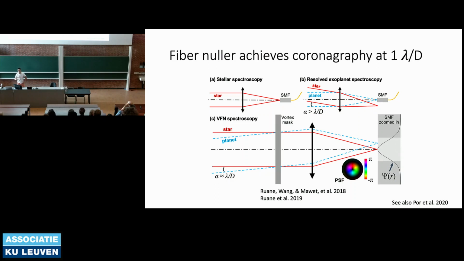And quite counterintuitively, if you focus the light on the single mode fiber with the phase modulated by this vortex wave plate, the end result is the total suppression of the on-axis light.